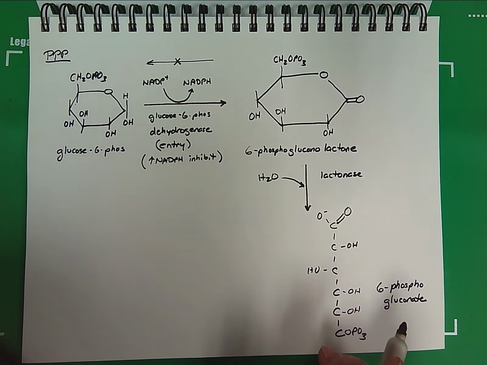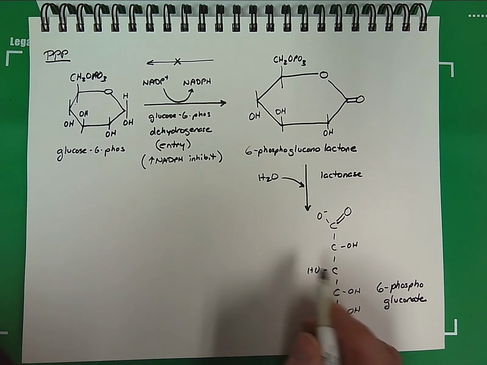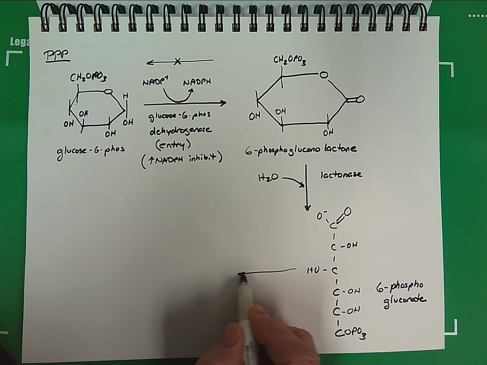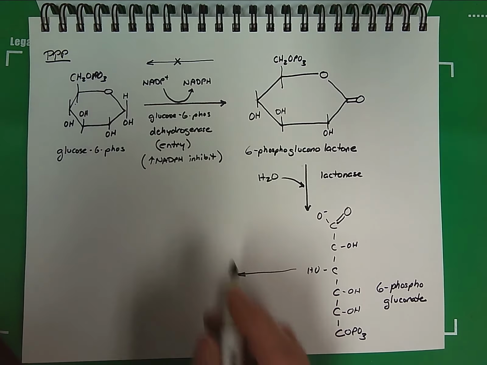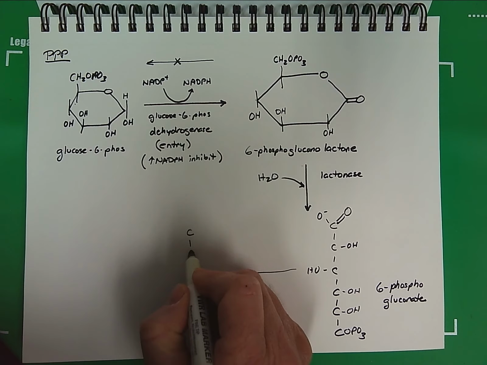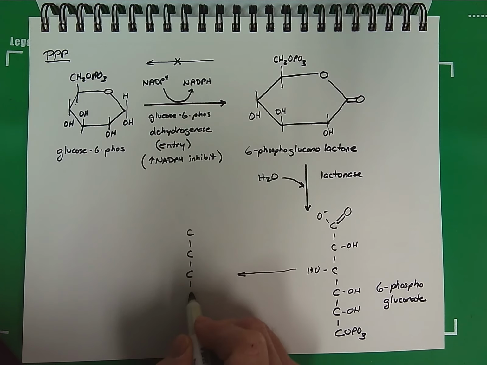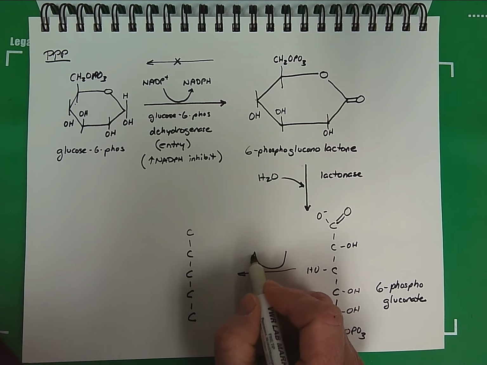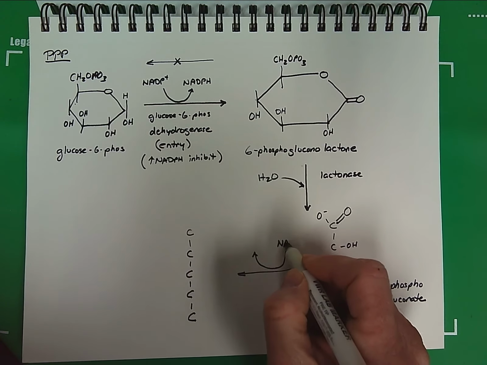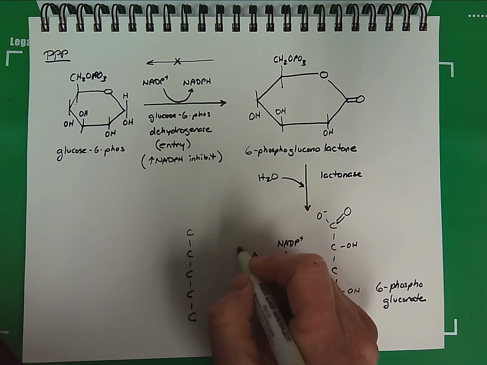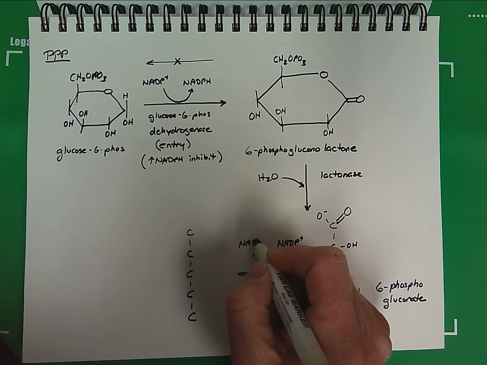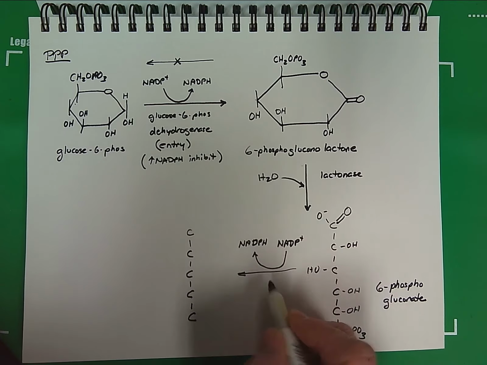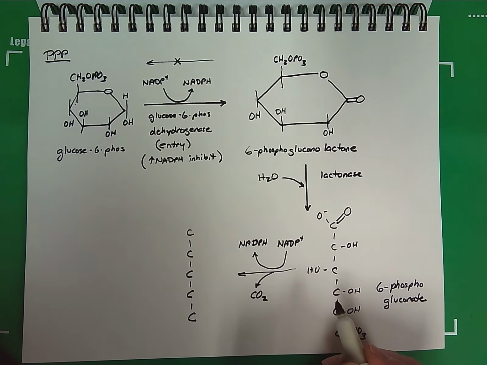Now, the next step in the reaction is going to be another redox reaction. And in this redox reaction, this is a special reaction because we are now reducing ourselves down to 5 carbons. So this is not only a redox reaction to generate NADPH, but it is also a decarboxylation reaction.